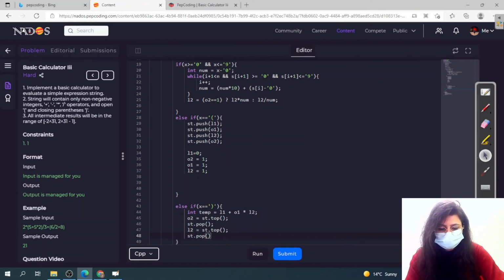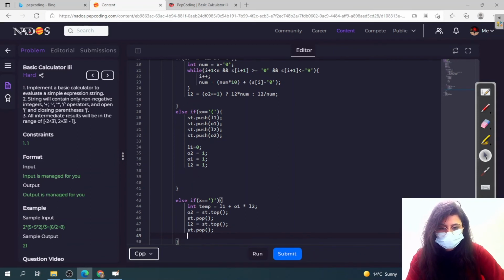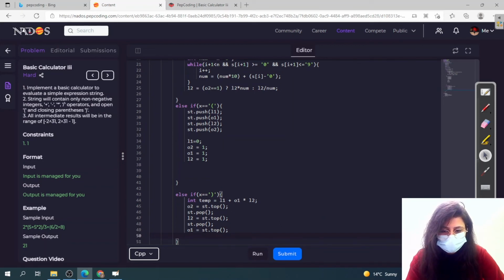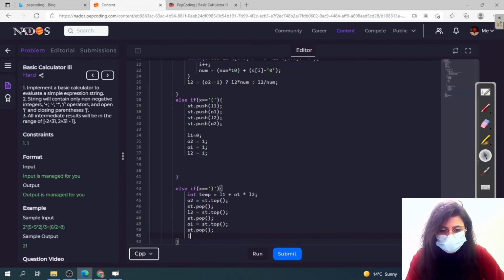Again, then next O1 will be the top of the stack. Okay. Then pop it out again. At last, we would have L1 as the top of the stack, and pop it out again.